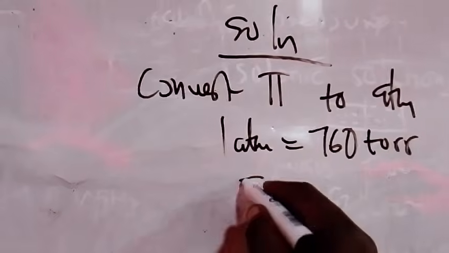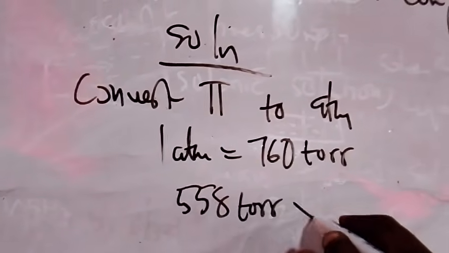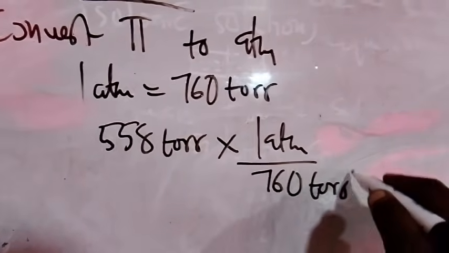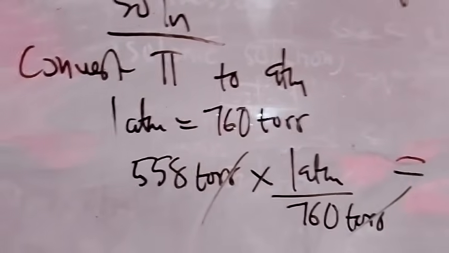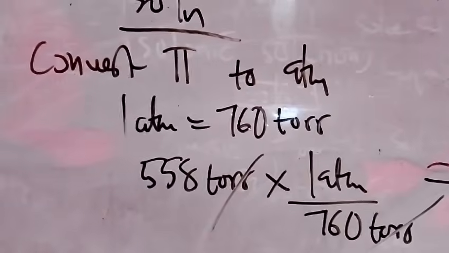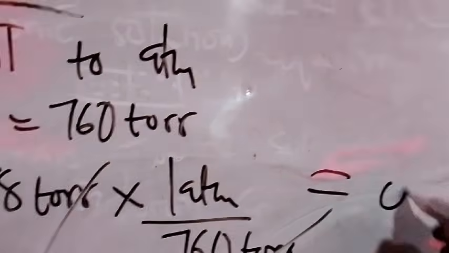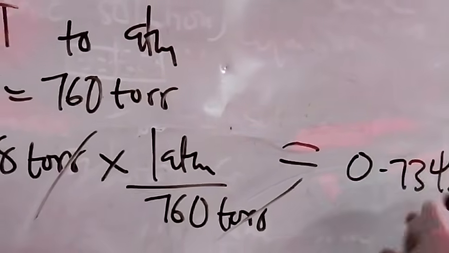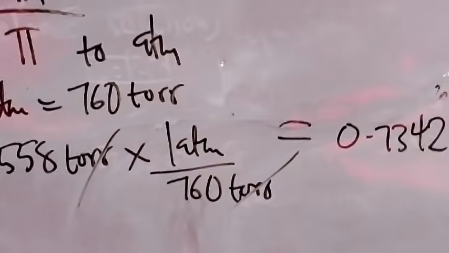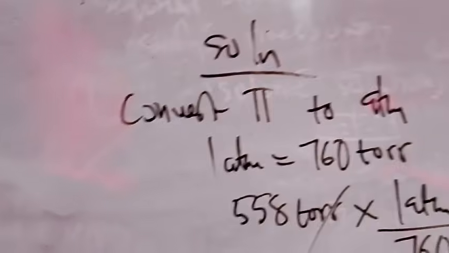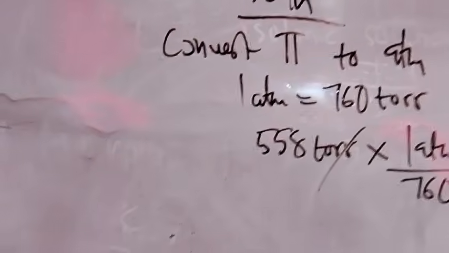So 558 torr times 1 atm over 760 torr; you cancel the torr and divide, and you get 0.7342 atmospheres. Always, if osmotic pressure is not in atmospheres, convert it into atmospheres.